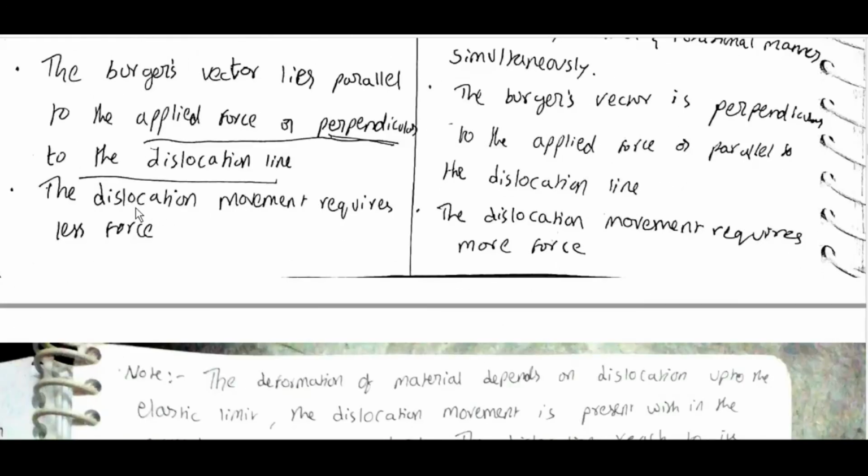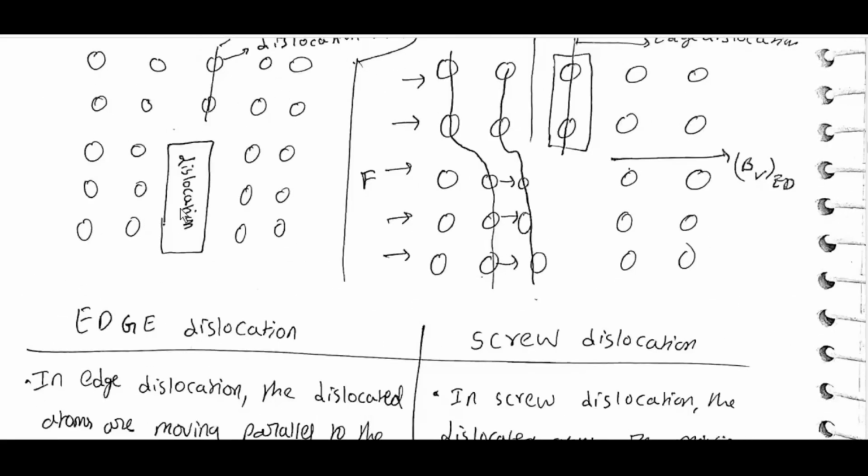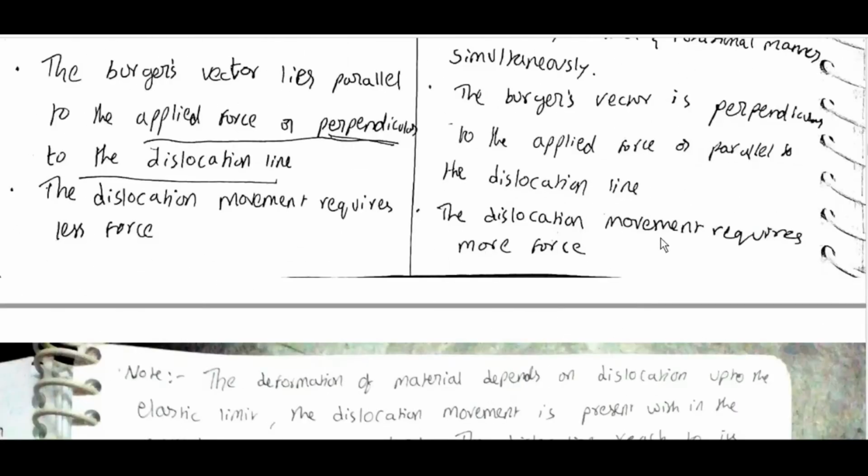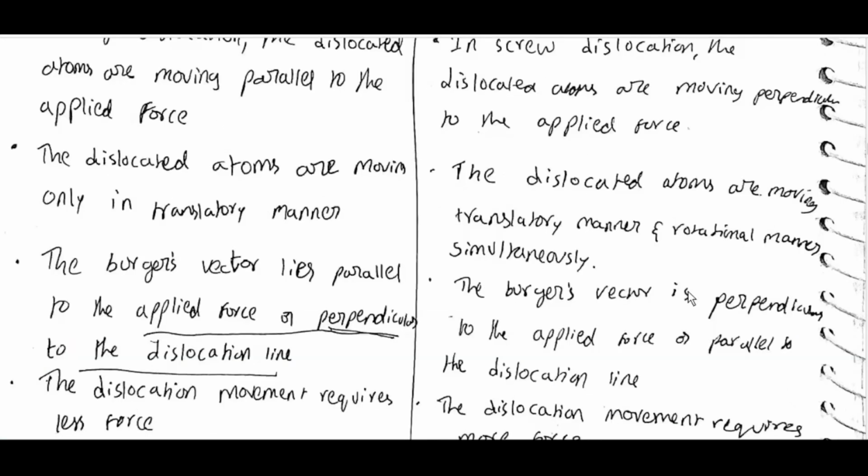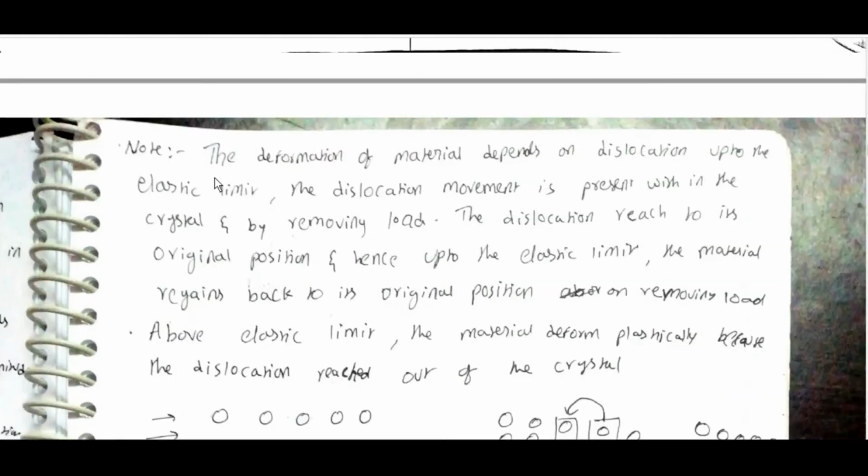Dislocation movement requires less force in this direction, as it's easy here. In the other direction, dislocation movement requires more force. Note: the deformation of a material depends on dislocation.